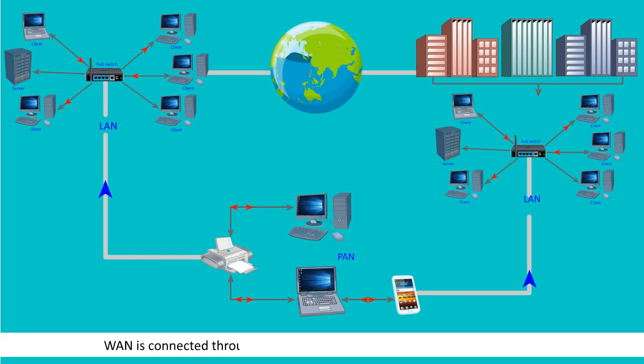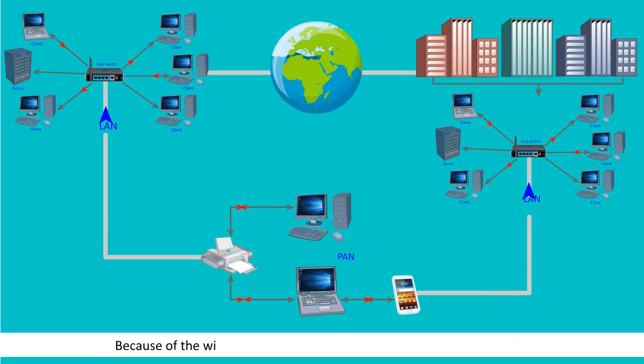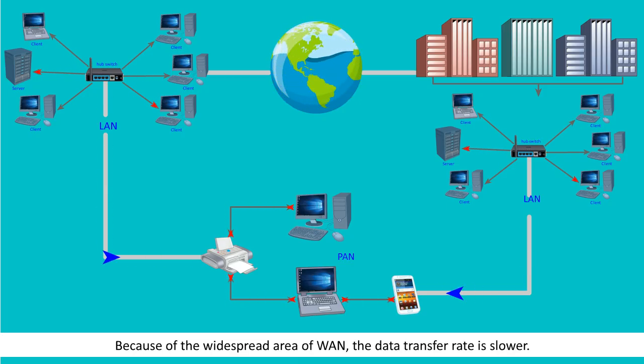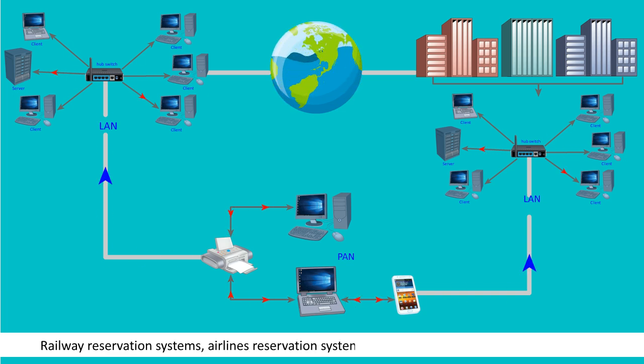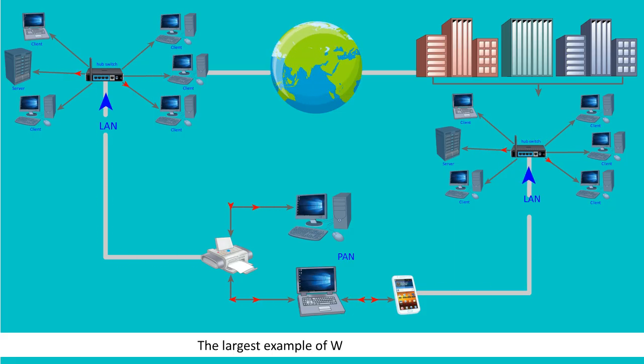WAN is connected through telephone lines, satellites, and wireless mediums. Because of the widespread area of WAN, the data transfer rate is slower. Railway reservation systems, airline reservation system, and ATMs are the good examples of WAN. The largest example of WAN is the Internet.